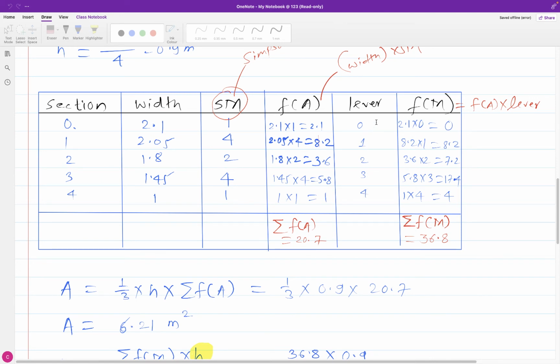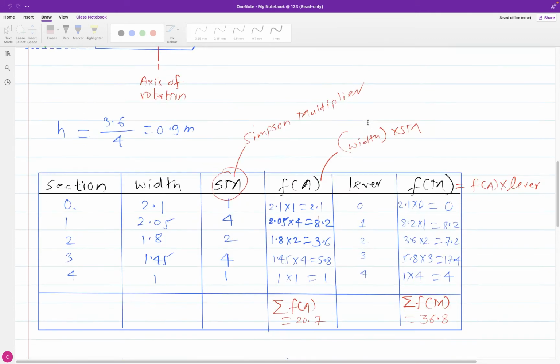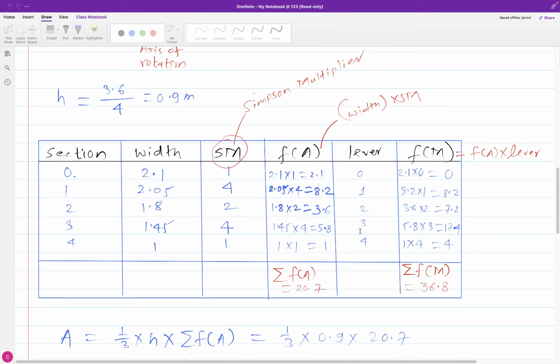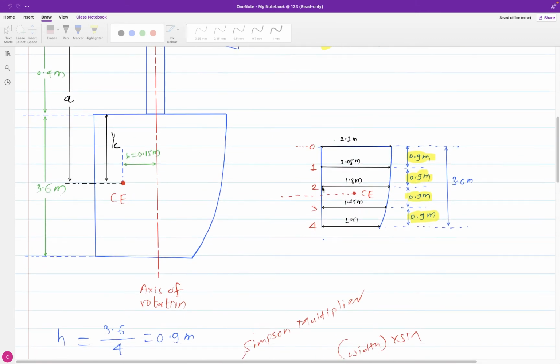Basically here H will also be there: 0H, 1H, 2H, 3H, 4H means the distance from the top. For section 1, how much is the distance between section 0 and section 1? That is now 0.9. 0.9 means H.